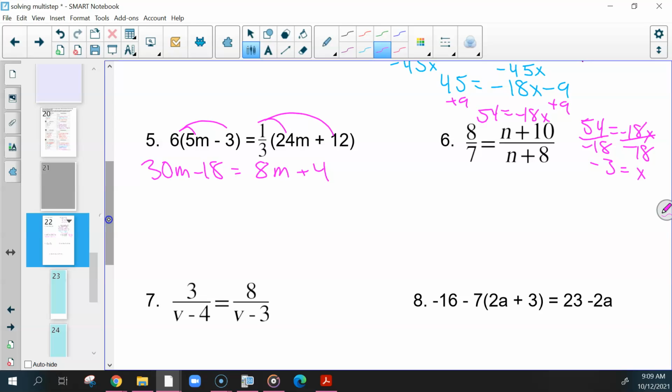And then we don't have like terms on the same side we can combine, so we need to move something. What do we want to move? Move the 30 by subtracting, yes. So this would be negative 22m plus 4. Since we moved our 30 to the right, we have to move our 4 to the left.